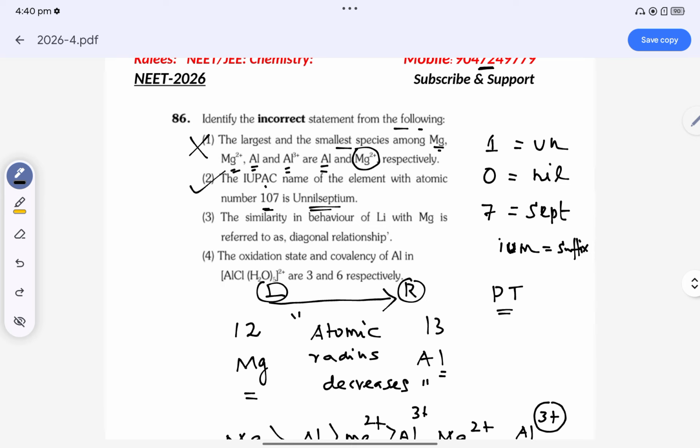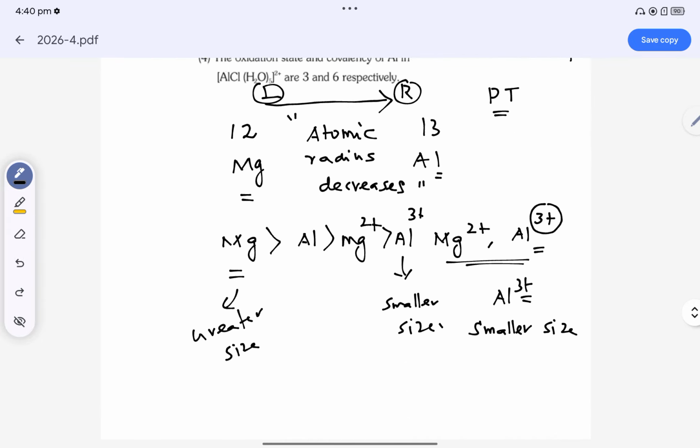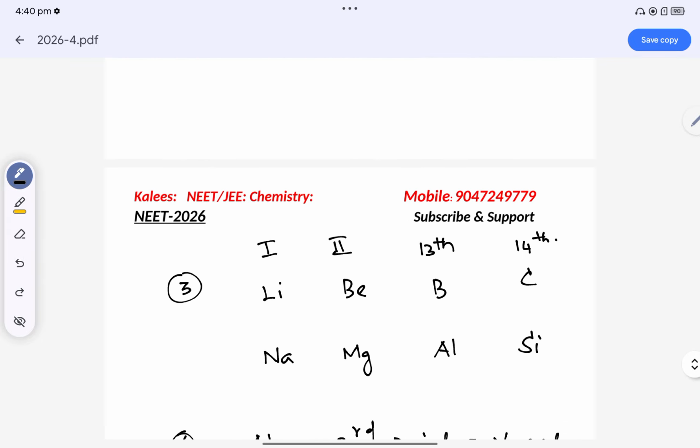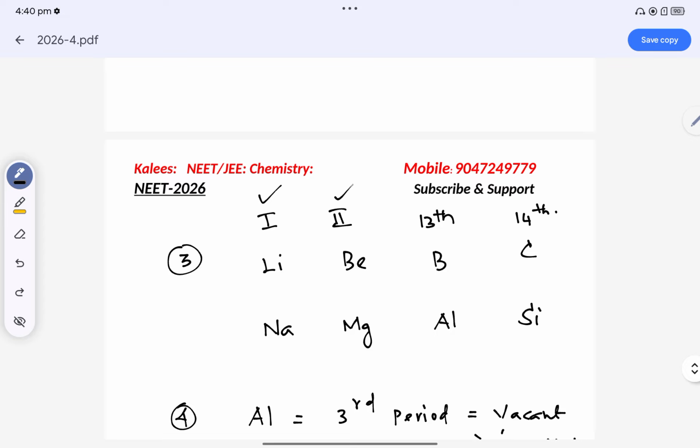And also the similarity in behavior of lithium and magnesium is referred to as diagonal relationship. This is absolutely right. Okay, we have to check. This is the first group and the second group. What is the relationship? Diagonal relationship. Lithium may have properties, such as atomic size and ionic size, which are almost similar to those of magnesium.